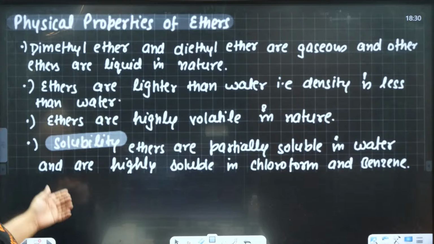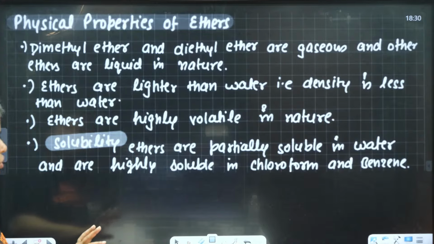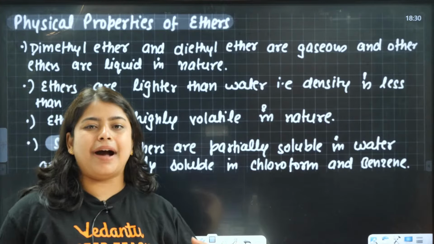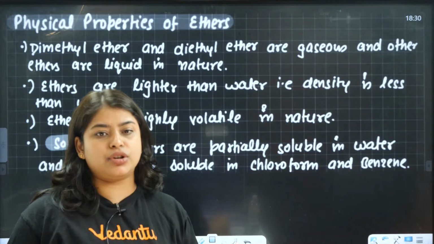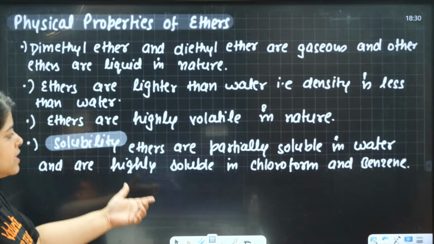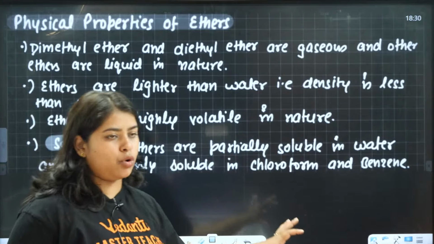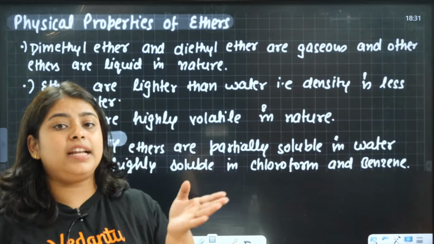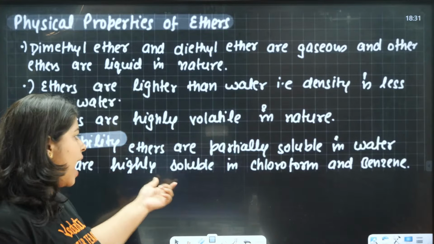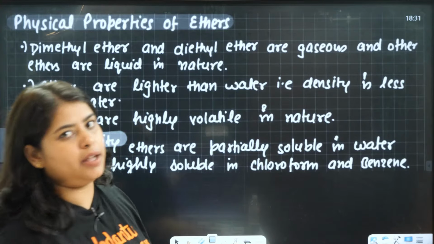Clear? Next, ethers are highly volatile in nature. They react immediately with everything. Then solubility: ethers are partially soluble in water and highly soluble in chloroform and benzene.